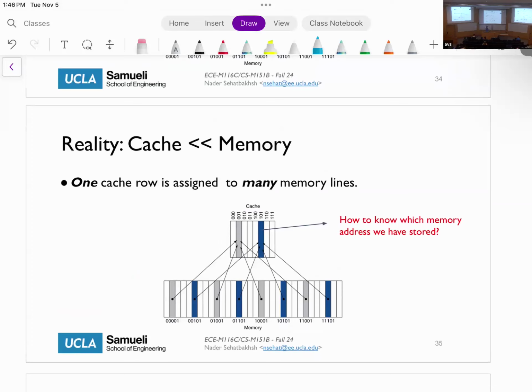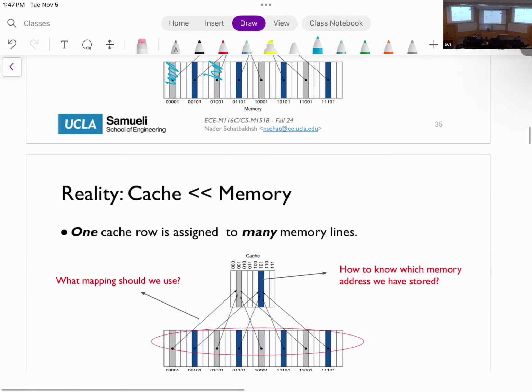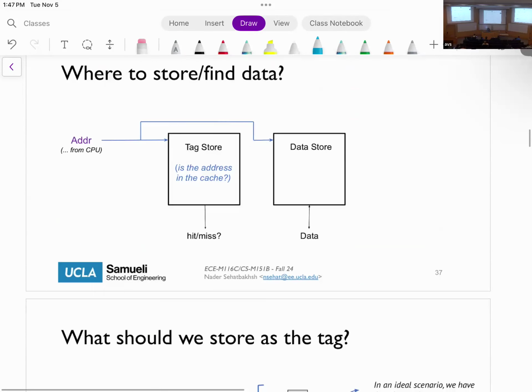So since for every single line there are multiple options, we need a mechanism to distinguish these options from each other, right? If I store something in my cache, how do I know what I stored there, right? And this is where we're going to use the same story that we did for the BTB. We're going to use tags.